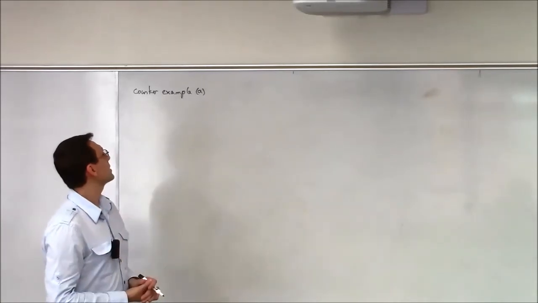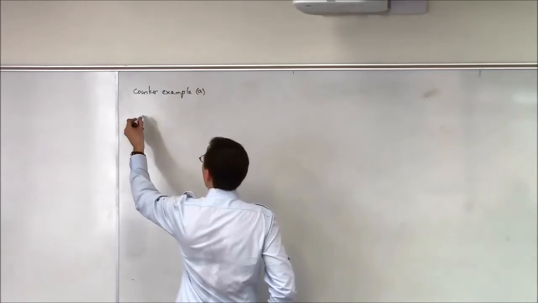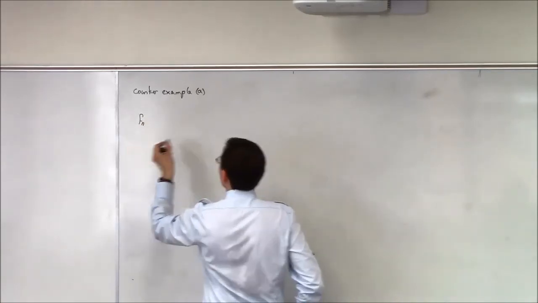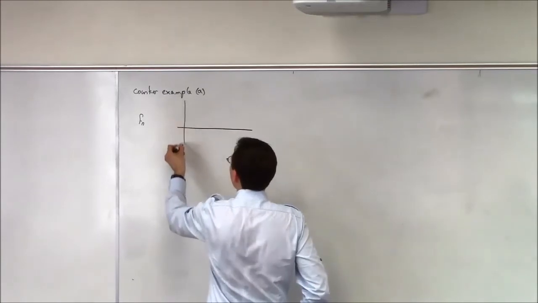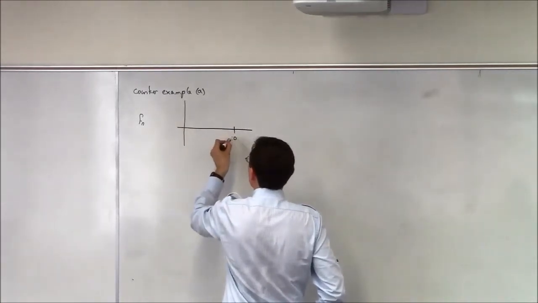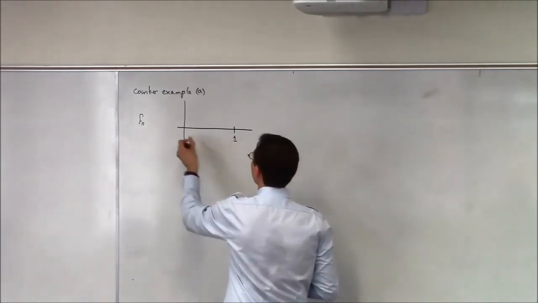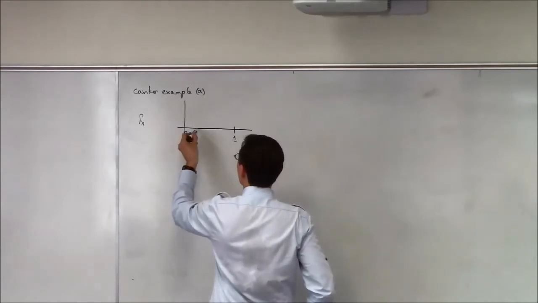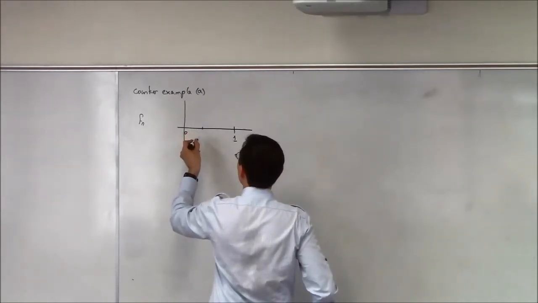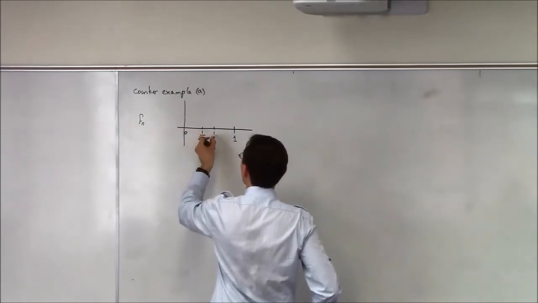So counterexample A, what I thought is, let's say Fn, I'm going to draw it because writing an explicit formula for it is a little annoying. So let's say this is 1, and this is 0, so somewhere in between there is the point 1 over 2n, and here is 1 over n.